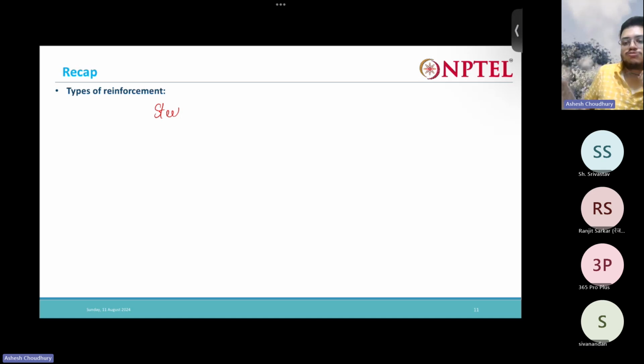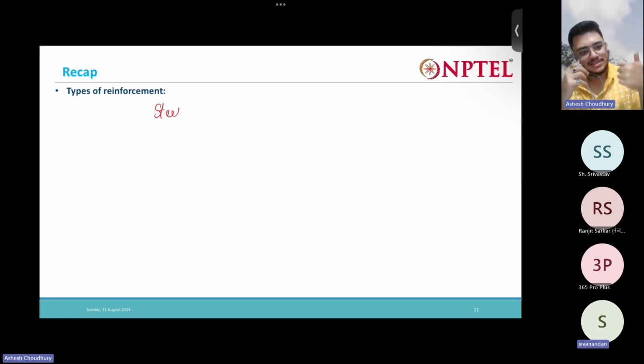Which geosynthetic will you use for reinforcement? Which geosynthetic has the function of reinforcement? Okay, what are the types of geosynthetics?